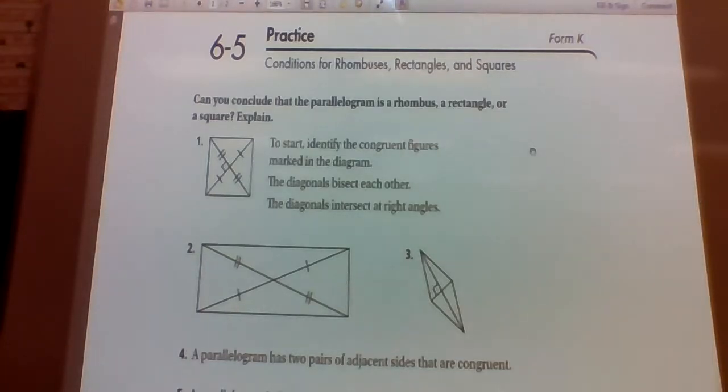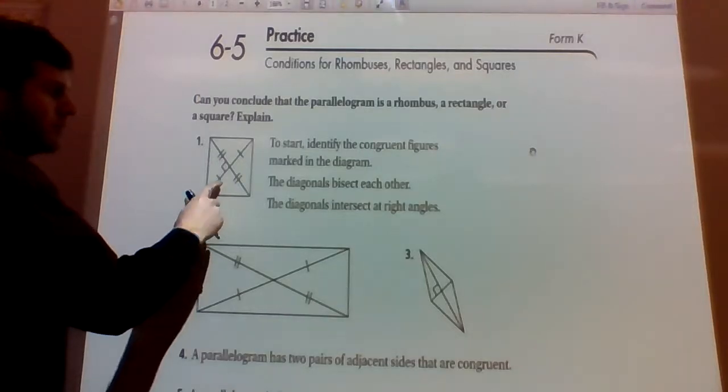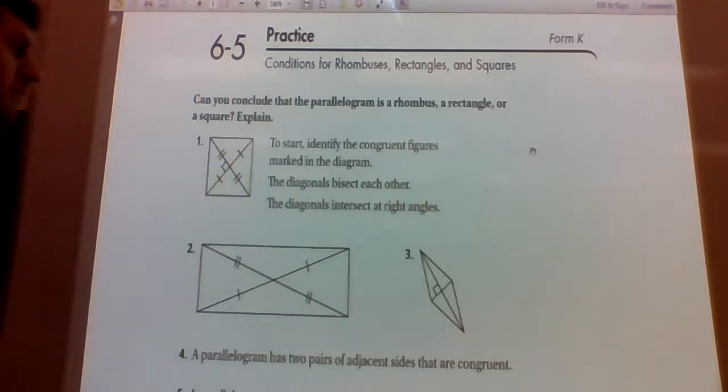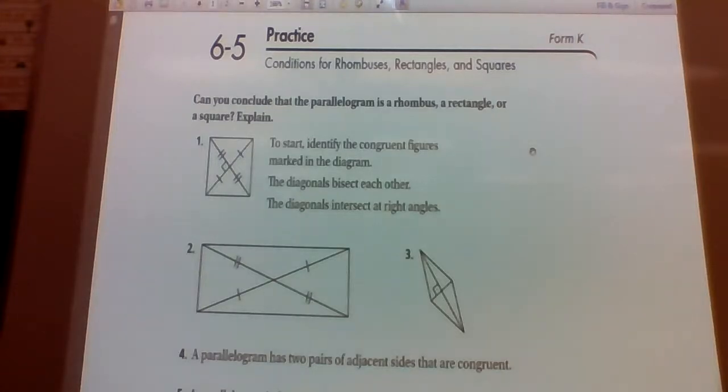Okay, number 1, we have this diagram, and to start, identify the congruent figures marked in the diagram. So again, we have diagonals that are bisected. I guess that's what they're writing here for us, the diagonals will bisect each other.